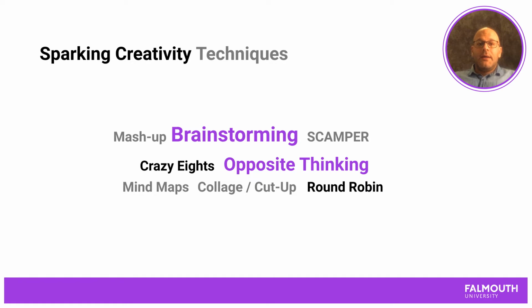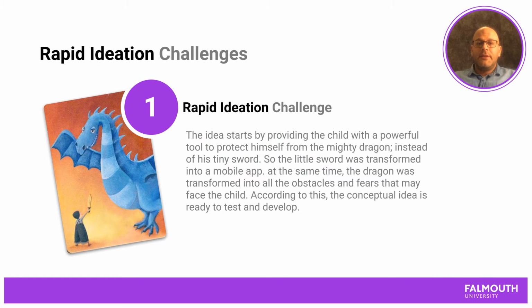To spark the creativity, especially in the first rapid ideation, the theme was a surrealism card that should give you this spark. Based on my experience, that always steers me to look at things from a digital perspective. So I began by providing the child with a powerful tool to protect himself from the mighty dragon.